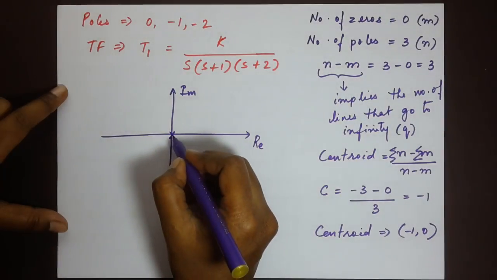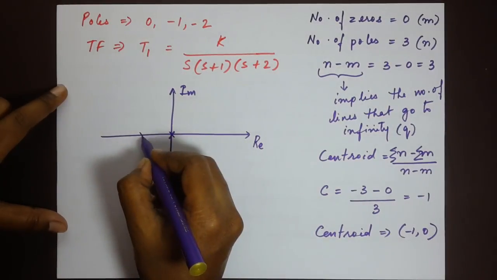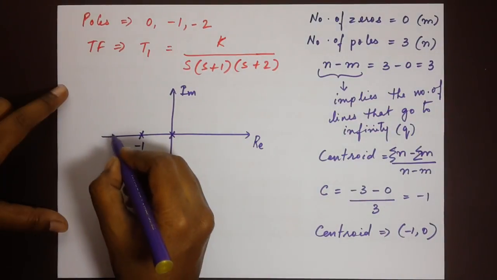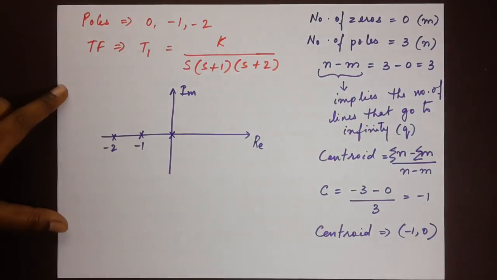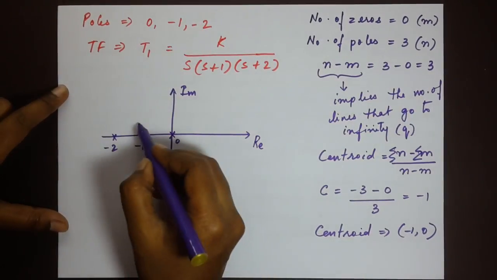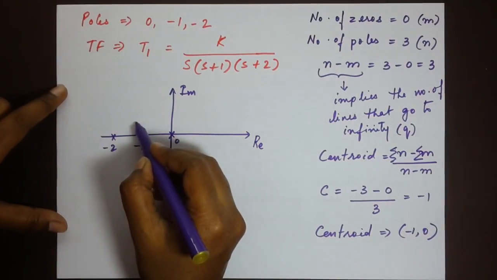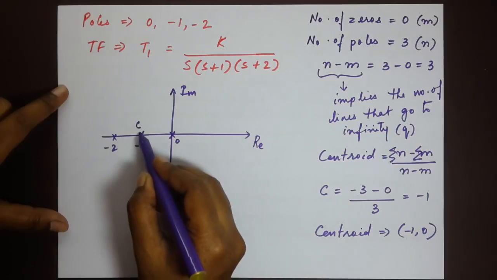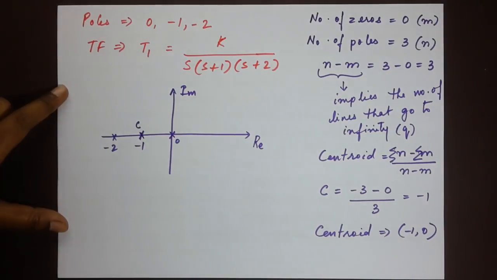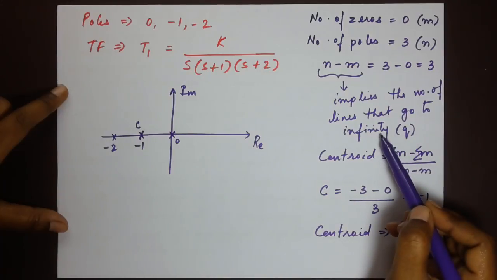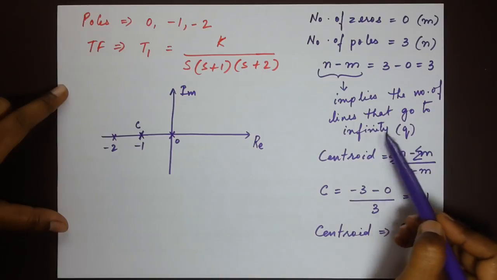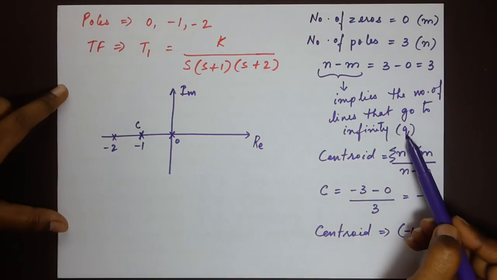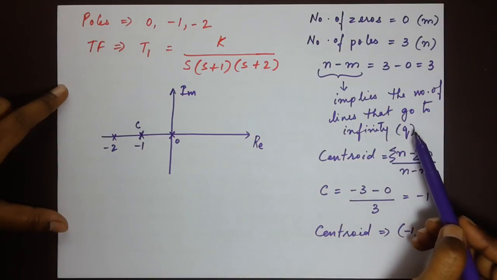So here we have one pole at 0, one pole at minus 1, one pole at minus 2. Now our centroid is at minus 1 comma 0, so right at this pole here is also our centroid. So we have 3 asymptotes, 3 lines that go off into infinity.